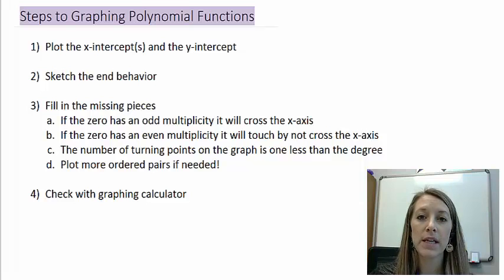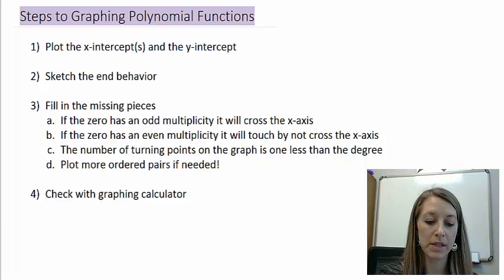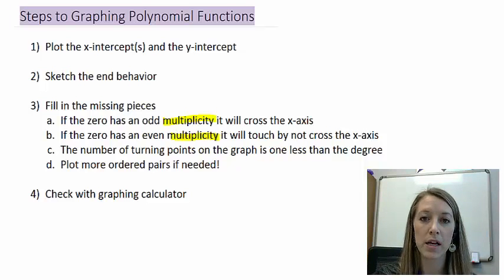We looked at what's happening in between our x-intercepts to fill in all the missing pieces, meaning by multiplicities, whether it would cross the x-axis or bounce back the direction it came from. And then we plotted extra ordered pairs if we felt necessary. We plotted all of that on the graph, and then we checked with the graphing calculator. That's how we did it if we were trying to graph polynomial functions.